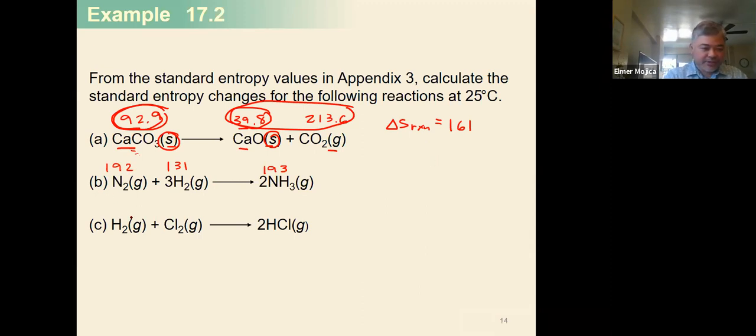And how about letter B? While I put the values for letter C. So what do you have here? This is just a review.